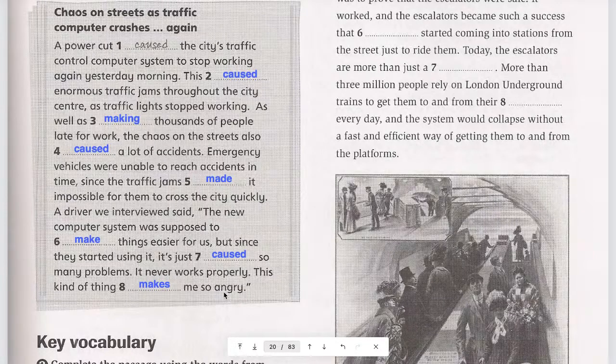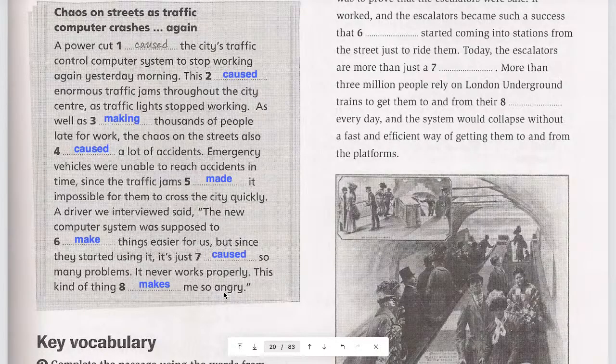The truth? Yeah, something like the fact, right? It's just a general idea. This kind of thing. What kind of thing? They say that it never works properly, right? The system. Because the new computer system was supposed to make things easier for us, but since they started using it, it just caused so many problems.